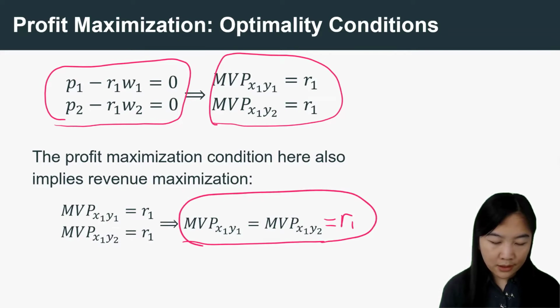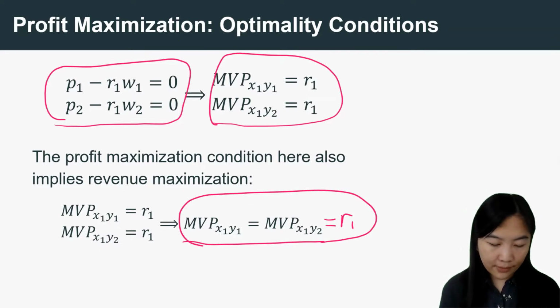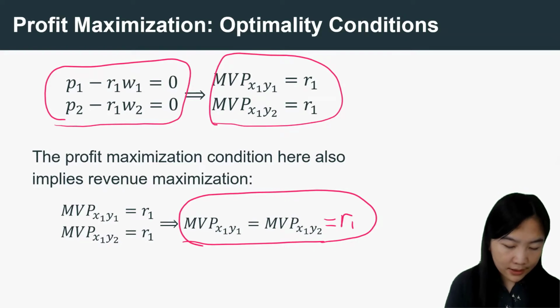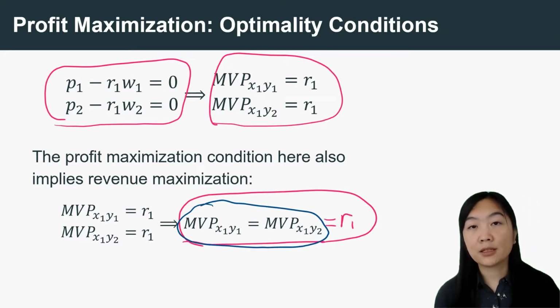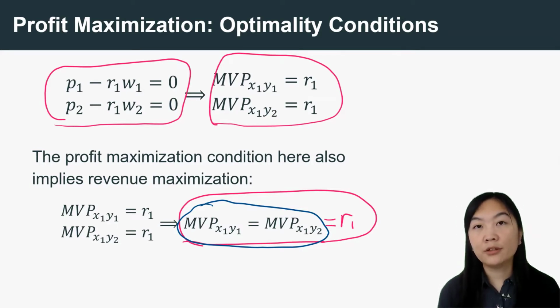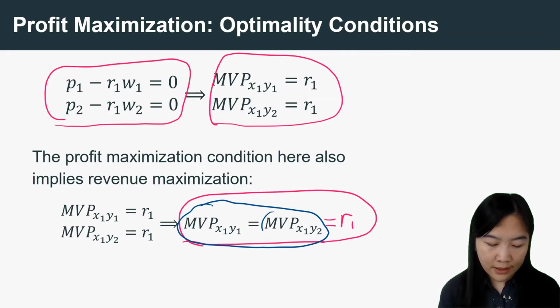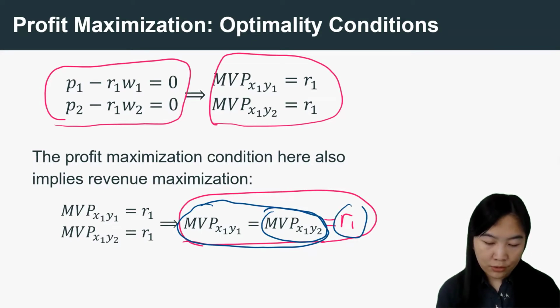So this whole condition is a profit maximization condition, and this condition here is a revenue maximization condition. The profit maximization condition not only requires revenue maximization, but also requires that this marginal value of product equal R1.